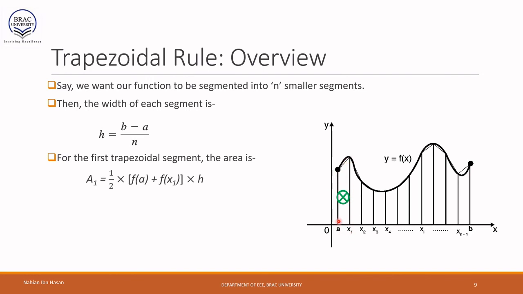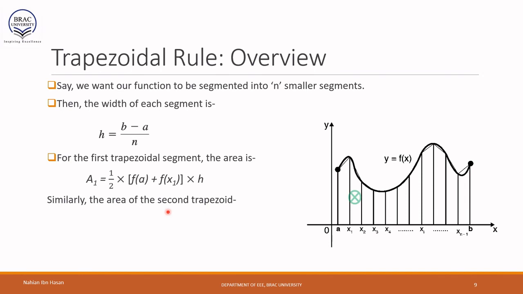So we calculate the function values at these 2 vertical lines, that means f of a and f of x1. This is the sum of the parallel sides of the trapezoid, h is the width of that segment, and we have a multiplicative factor of half. So that's the area of the first trapezoid.